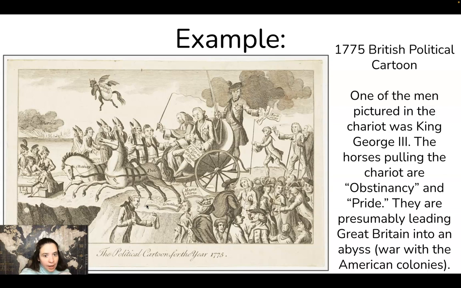A lot of regular people were angry that Great Britain was already stretched so thin across the world, fighting on all of these different fronts, and then they're starting up this war with the American colonies. So this is a good way to show students that not everyone in England wanted to fight the colonies.